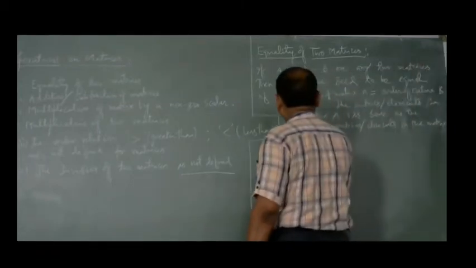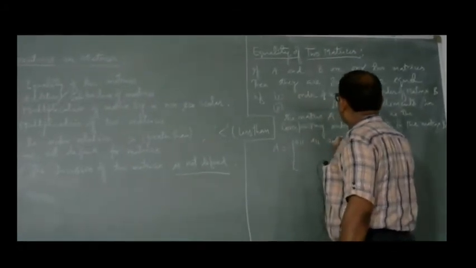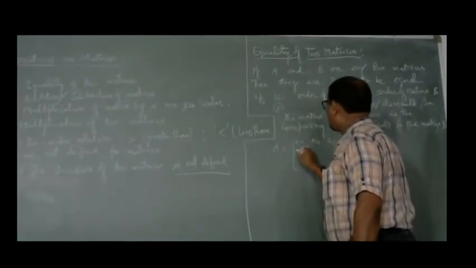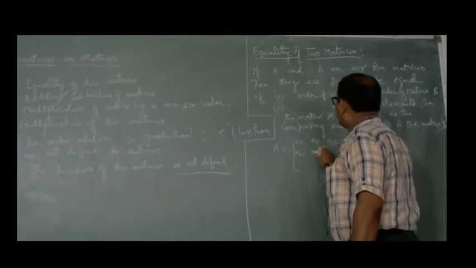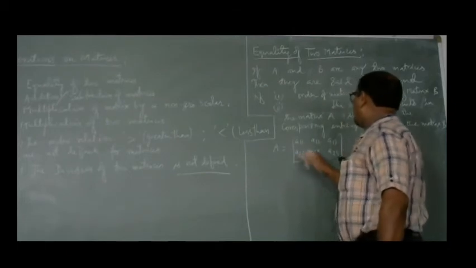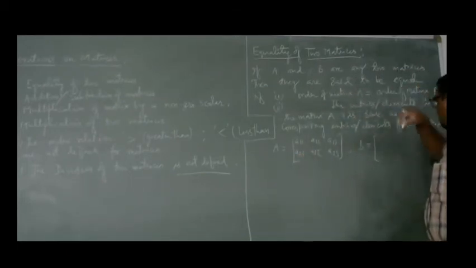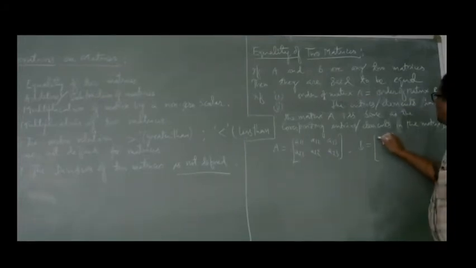Let me explain. Here is A: A11, A12, A13, A21, A22, A23. Here is B: B11, B12, B13, B21, B22, B23.